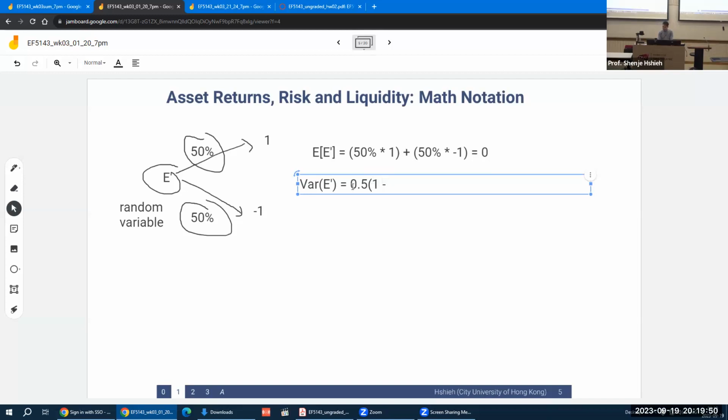So we subtract the mean, which is 0, and we square it. Let me use percent to be consistent: 50% times -1 minus 0 squared, plus the same for the other state. Concur?